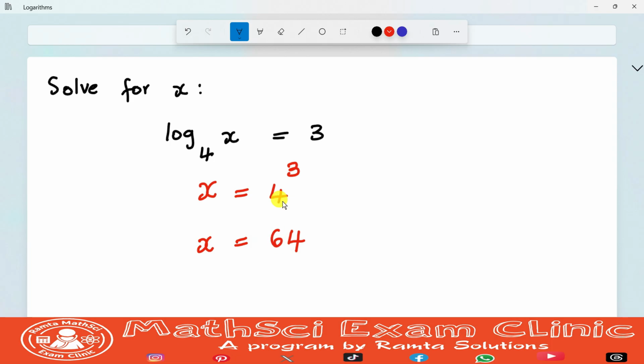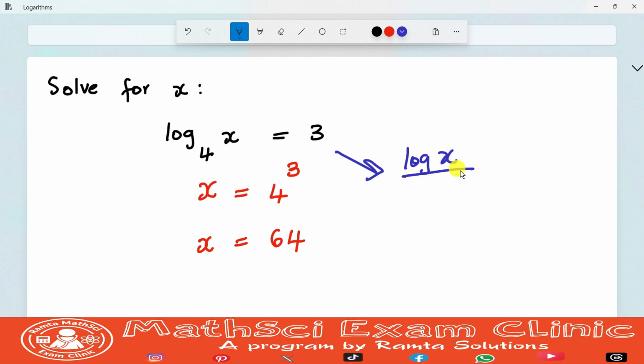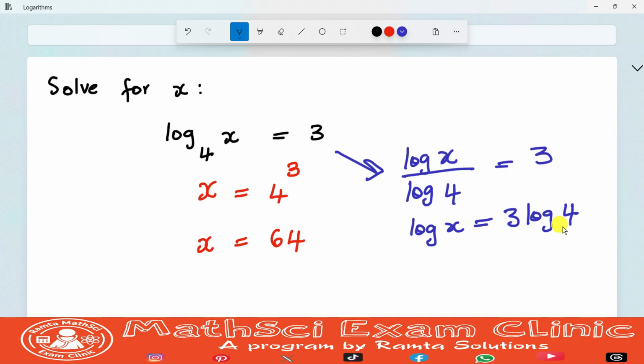But then one is wondering, how did we get to this? Let me show you. Remember, when you have something like this, the reason you had it is because you had log x over log 4 all equal to 3. Then you say, multiply throughout by log 4, you will have log x equals 3 log 4, isn't it?